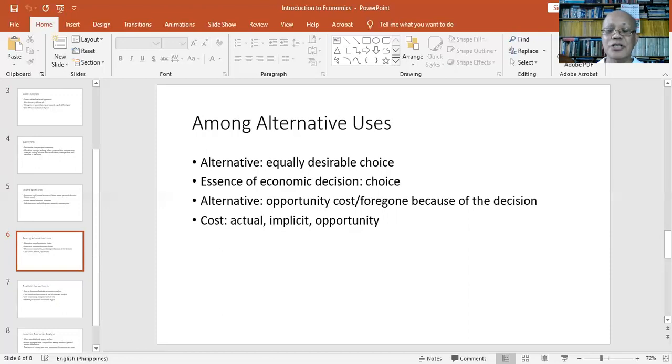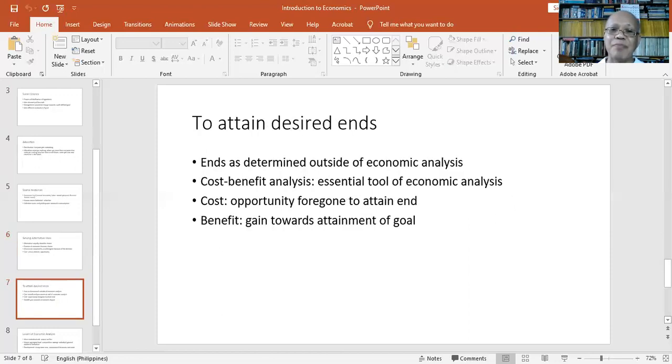And that becomes your economic cost or your opportunity cost. And these decisions are aimed at attaining desired ends. And what are the desired ends? The desired ends of an individual, the desired ends of a society, go beyond mere economic analysis.